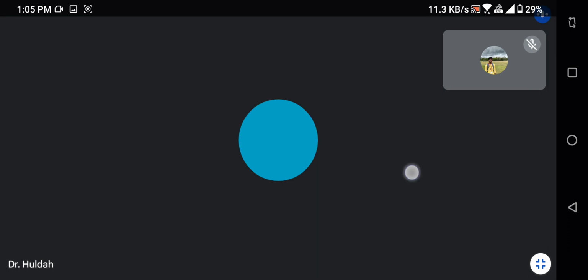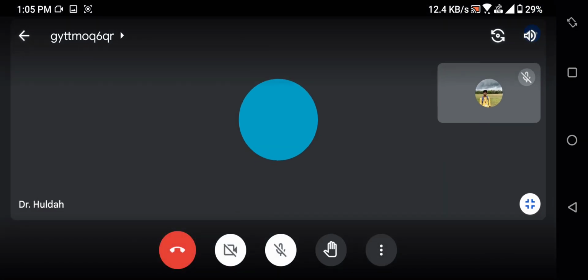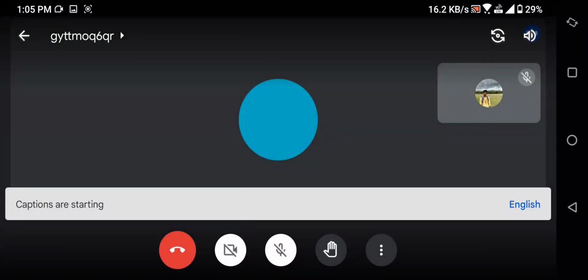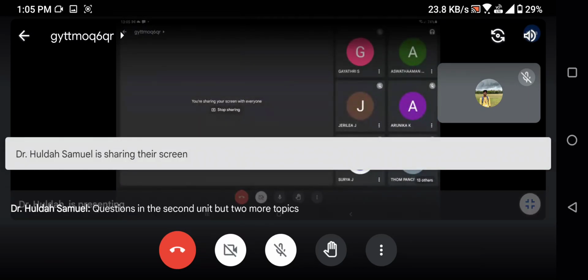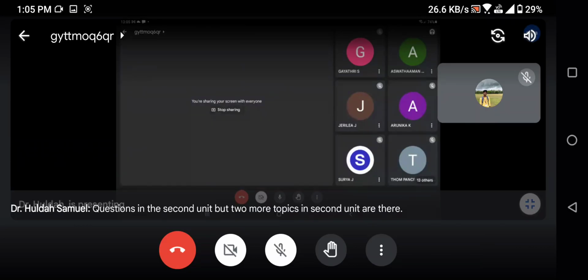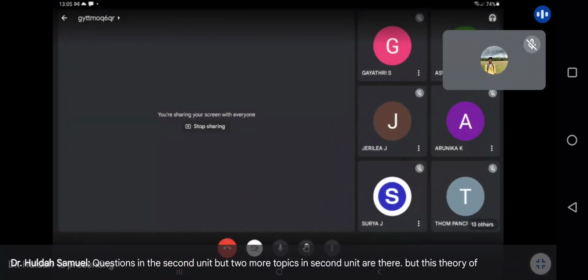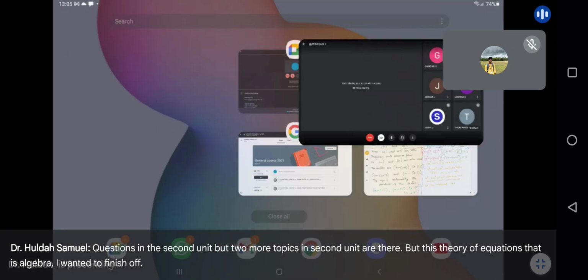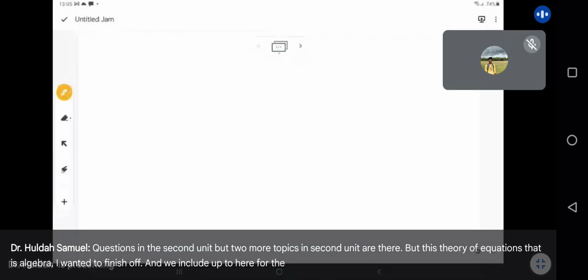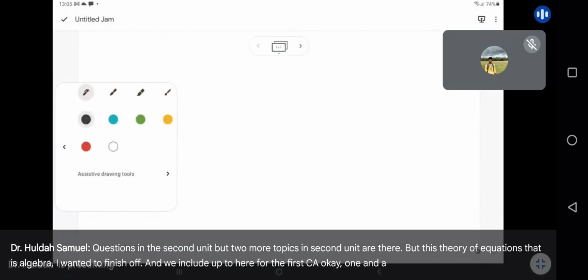All right. So let's move on now to the last topic of theory of equations in the second unit. But two more topics in second unit are there. But this theory of equations, that is algebra, I wanted to finish off. And we'll include up to here for the first CA, okay? 1.5 units, not even 1.5.